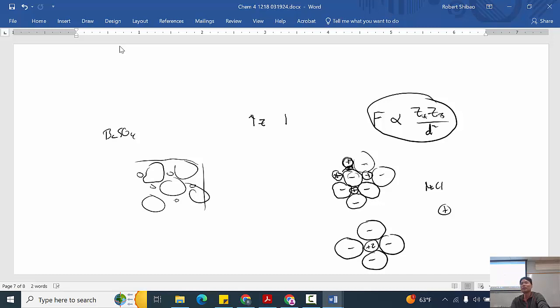The force is going to be double. If I made the cation +2 and I made the anion -2, how much stronger is the force?